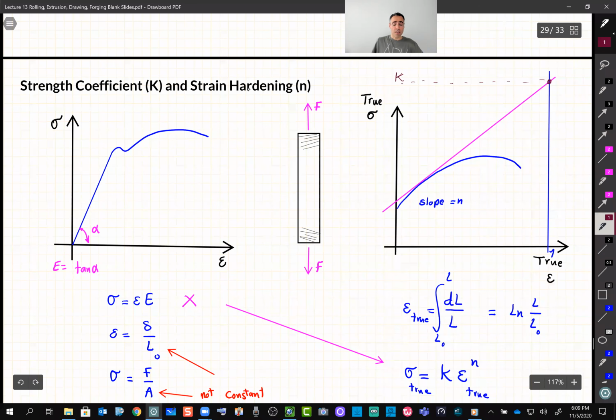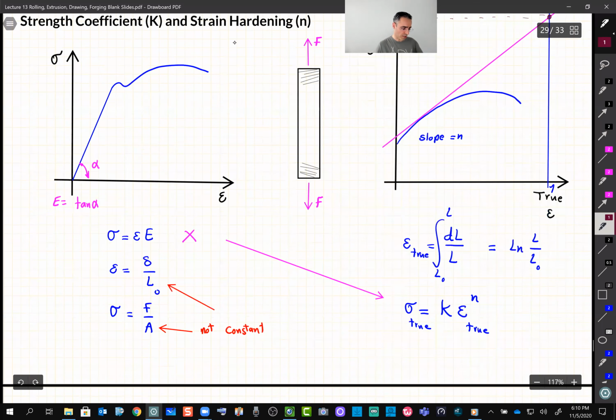Luckily, we don't need to know these graphs and these complicated formulas. There are engineering tables which make these K and n values available, and this is what we were waiting for.